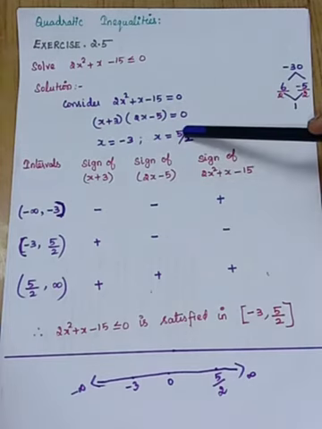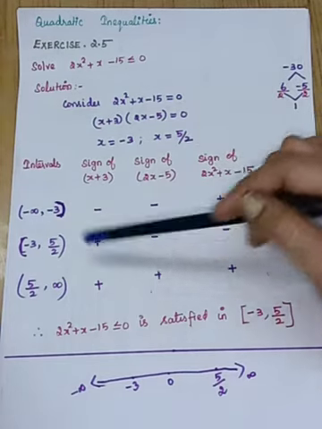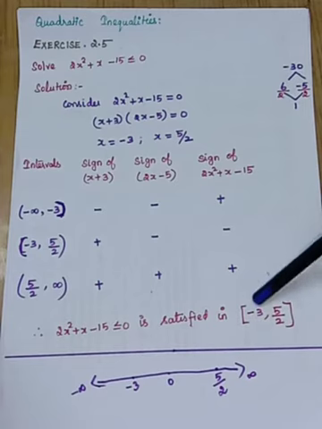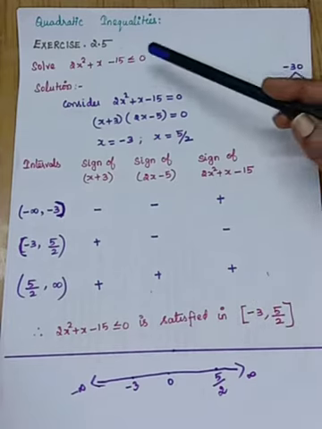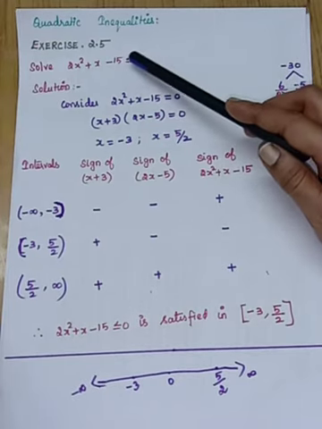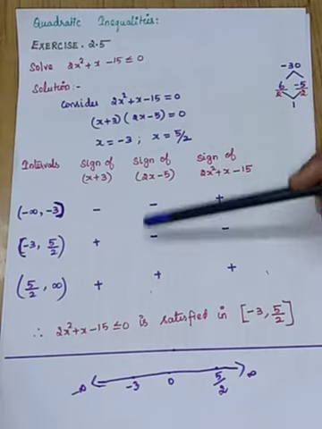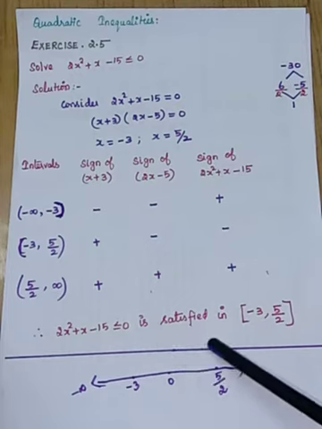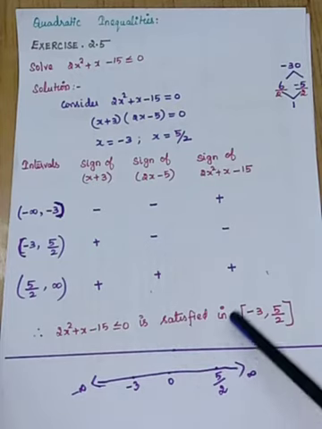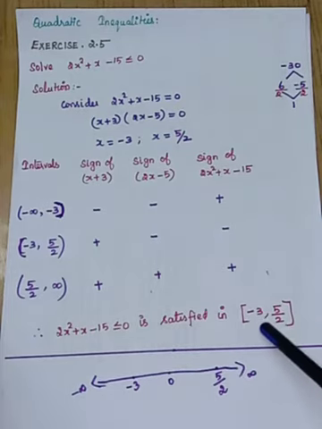Minus 3 and 5 by 2. So you have to include minus 3 and 5 by 2. In between, this term is negative. So this inequality is satisfied in the closed interval minus 3 comma 5 by 2.